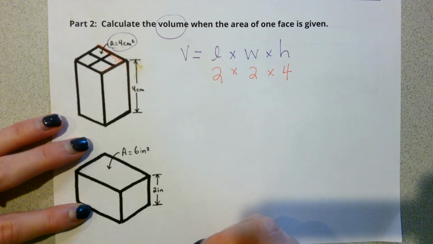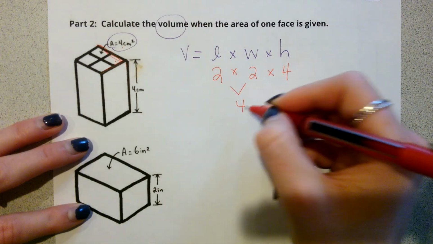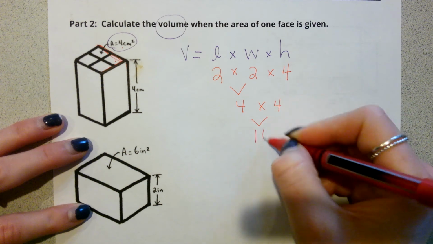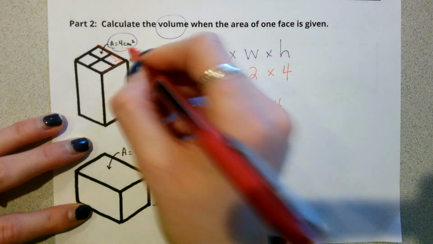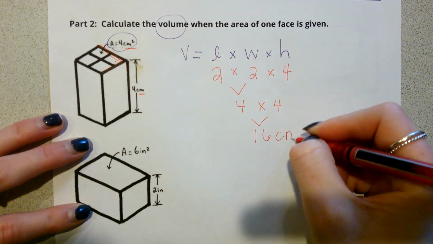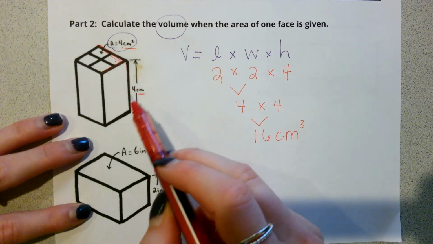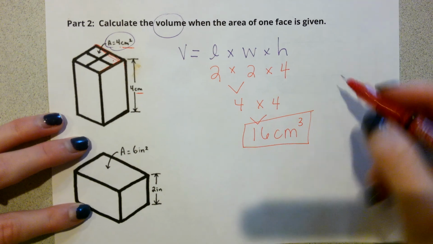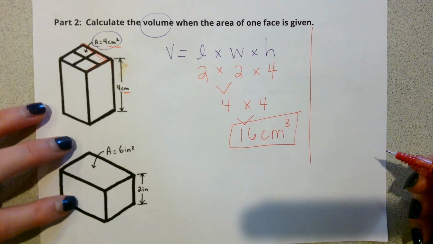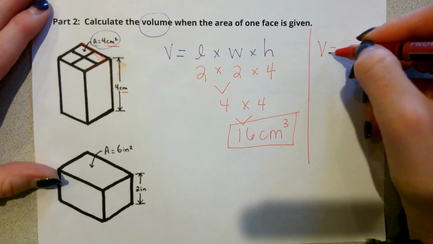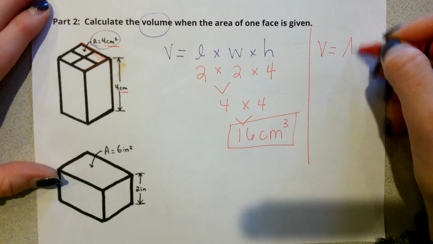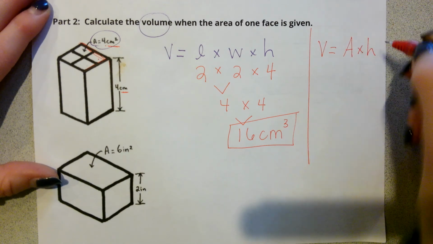I'm just going to use my order of operations. 2 times 2 is 4, times 4 is 16, and I know I'm measuring it in centimeters cubed because I have centimeters times centimeters times centimeters. Or I could use what we just learned and say volume is the same as area times the height.